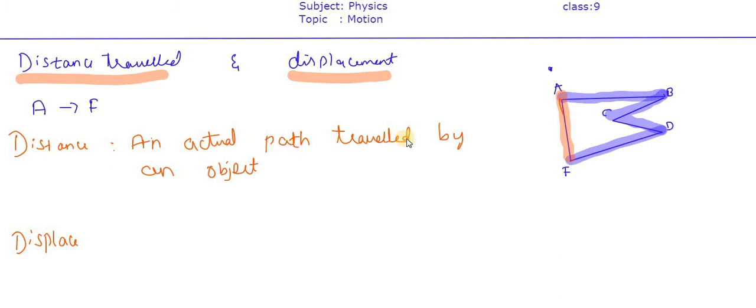The actual path traveled by an object from initial to final position is the distance traveled. Whatever actual path is traveled by an object or any body from the initial to the final position is nothing but distance.